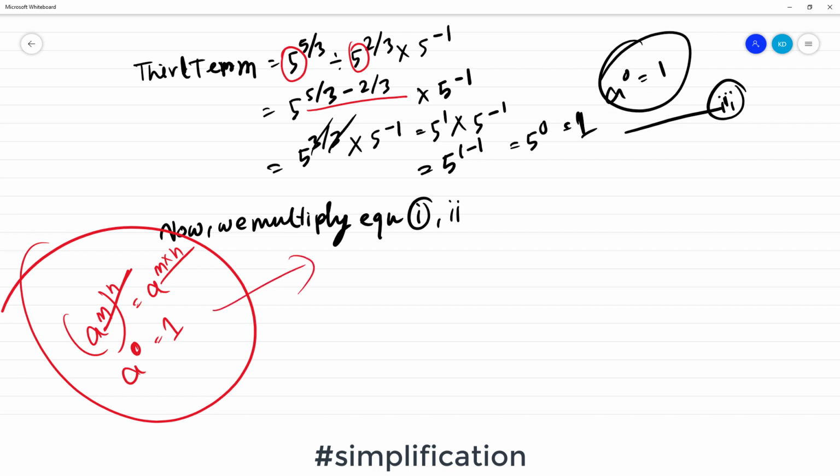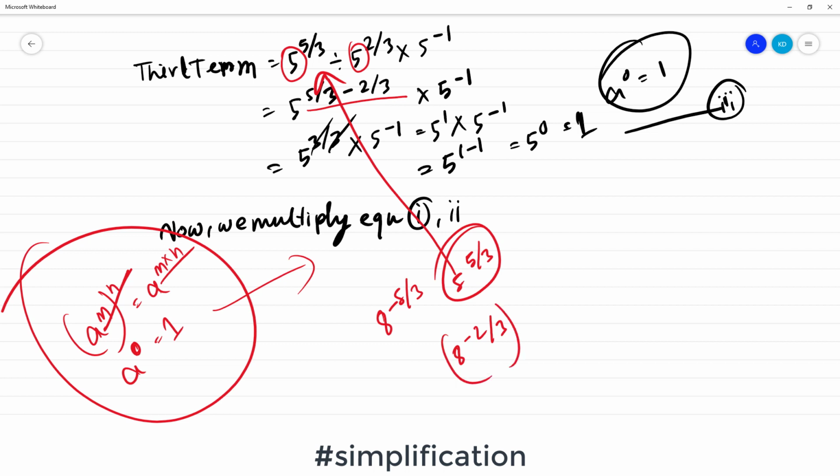And don't be afraid when you see this kind of thing, 8 to the power 5 minus 3, so this one 5 to the power 5 by 3. Okay, don't be afraid of these things, or you can see 8 to the power 2 minus 3 bracket close, and here a power for the power 5 by 2.